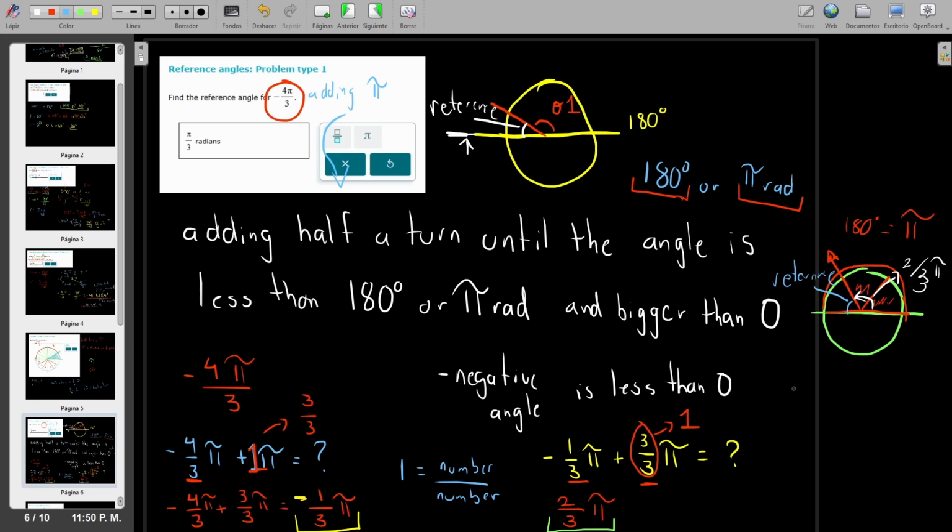So to find the reference, I'm going to write that the reference is going to be a pi, meaning the whole half a circle, minus 2 thirds, the one that we found.